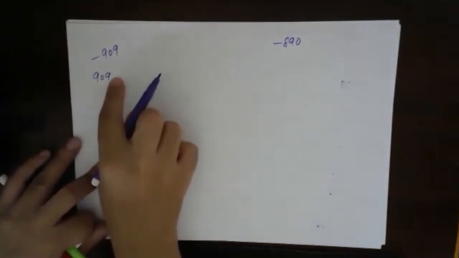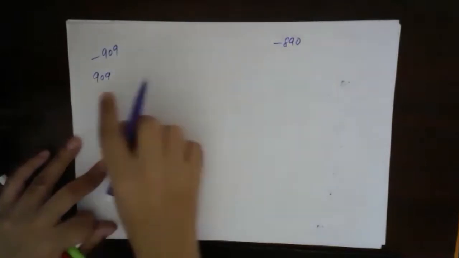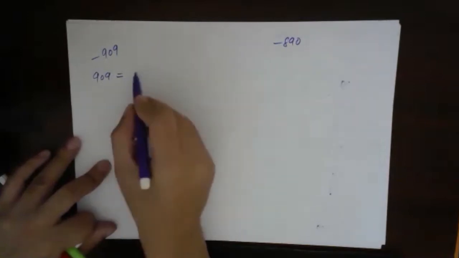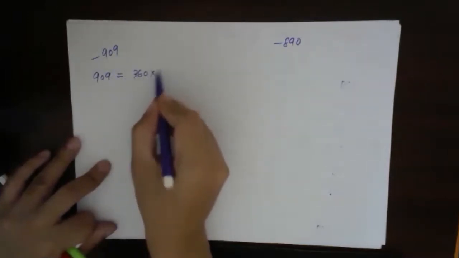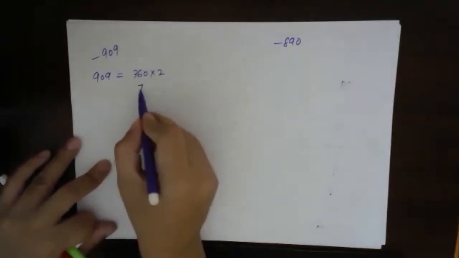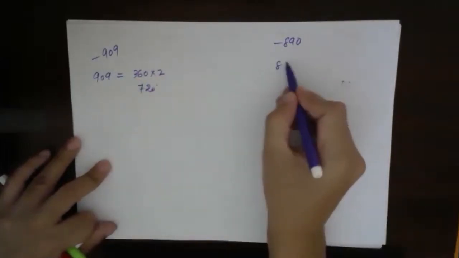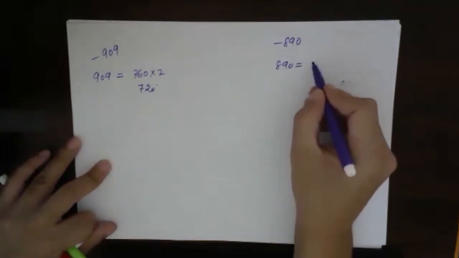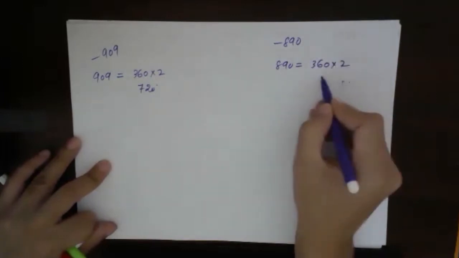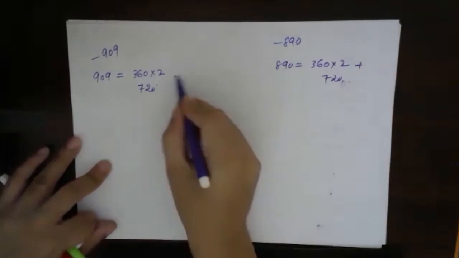Think of 909: how can I write it as some addition with 360 degrees? So 909 I can write as 360 into 2, which is 720 degrees. So 890 is also 360 into 2, that means 720 degrees plus something.